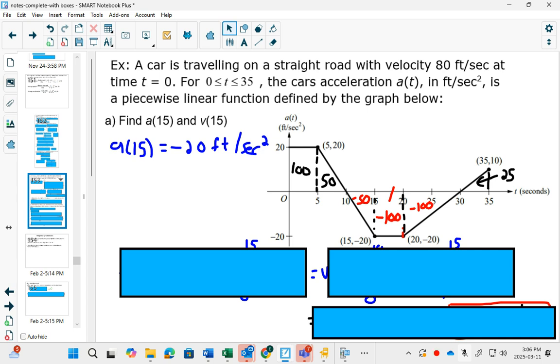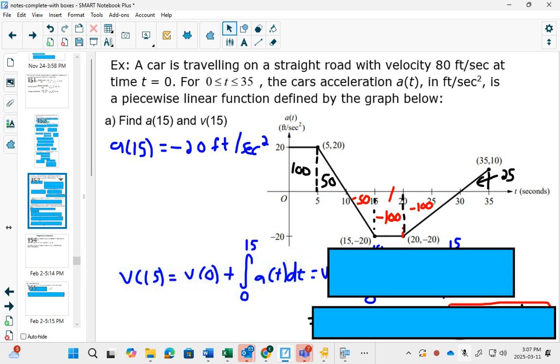This is your graph of acceleration. So if you want to find a of 15, we've got that point on our graph at -20, no problem. If you want to find the velocity of 15, that will be what your initial velocity was, plus your accumulation of change from your rate of change.